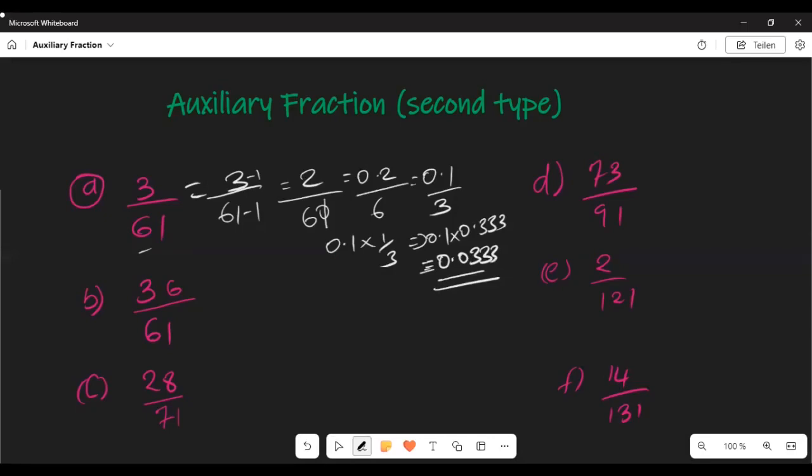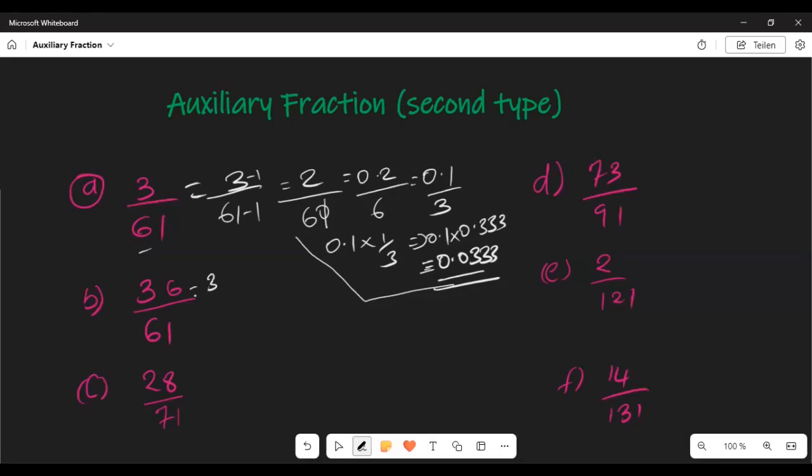So that is that. Let me see what happens then with B, 36. It's the same. What we're going to do here is subtract 1 from both sides.